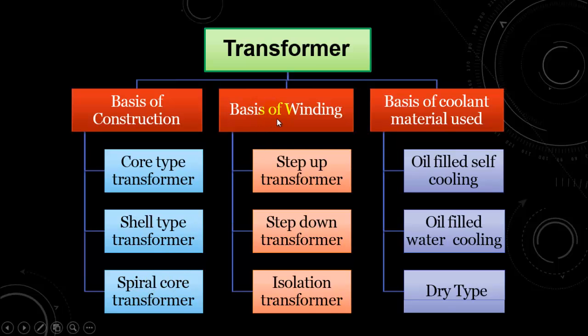Similarly, based on the windings, it can be a step up transformer, step down transformer, or the isolation transformer, in which there is no voltage level conversion, only isolation between the primary and the secondary windings. And the last categorization is based on the coolant material: oil filled self-cooling, oil filled water cooling, and the modern type, which is the dry type transformer.